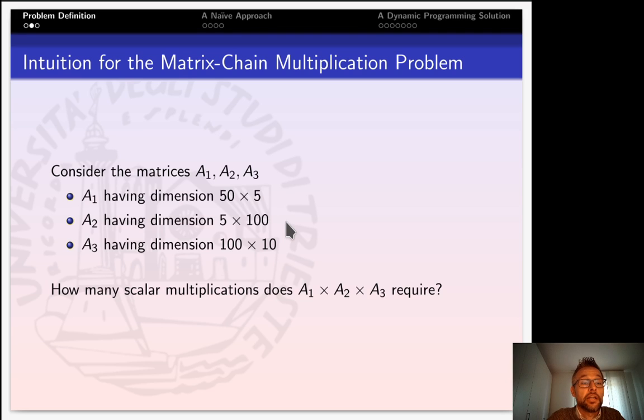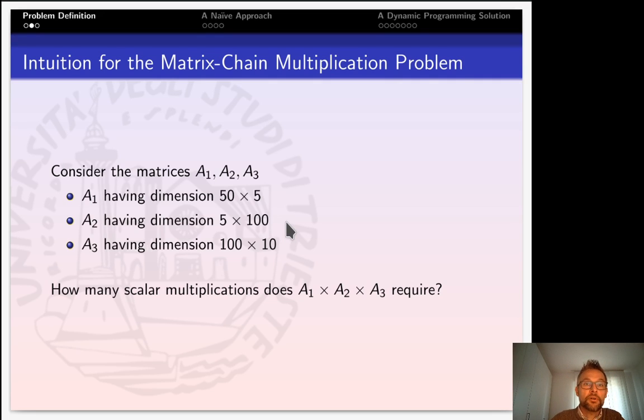And finally, A3 has dimension 100 by 10, so 100 rows and 10 columns. So how many scalar multiplications, so how many multiplications among numbers, are required to compute the matrix multiplication A1 times A2 times A3?